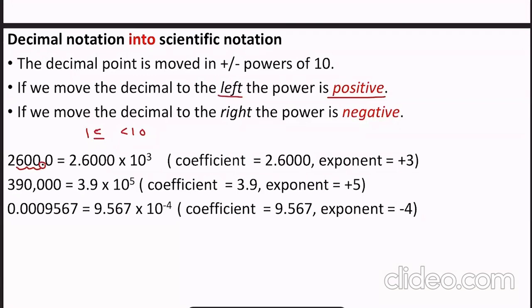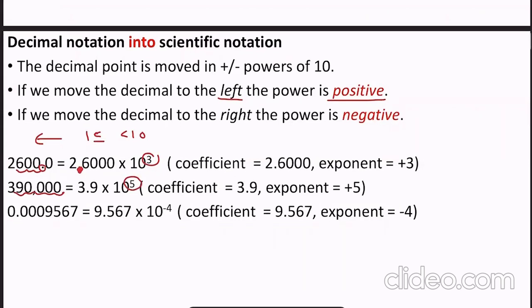So we moved it 3 times. There's my decimal here, and that's where I get my coefficient. Now, however many times I've moved that decimal place. I know there's an imaginary decimal here. It doesn't have to actually show. I'm going to move it 1, 2, 3, 4, 5 times. I moved it 5 times to the left. So I have a coefficient of 5.